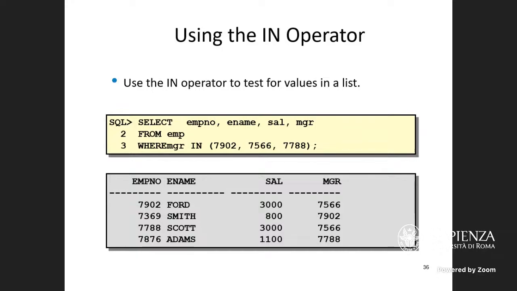And it does not only take numbers, it can take other data types like colors. So you can say where color in, or where date in, or where year in. It can take all those things. That is how the in operator works.